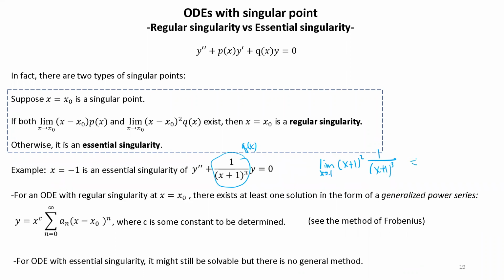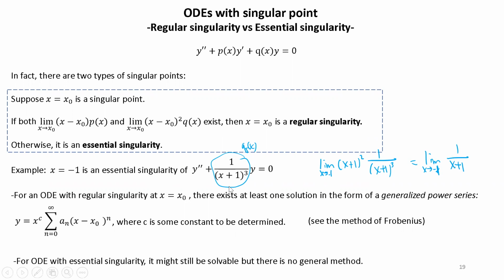Then what you have is the limit as x tends to minus 1 of 1 divided by x plus 1. This whole thing still blows up, so you cannot have a limit, and that's why this is known as an essential singularity.